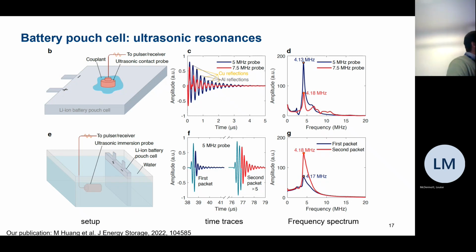So that gives the resonance frequency of the battery, and it's not only from one type of pouch cell. We've tested a range of pouch cells, and we can always get a resonance signal, even though their resonance frequencies are different. So that's an experimental investigation, but obviously we need to understand how the resonance is forming.